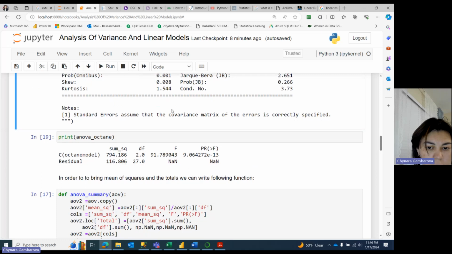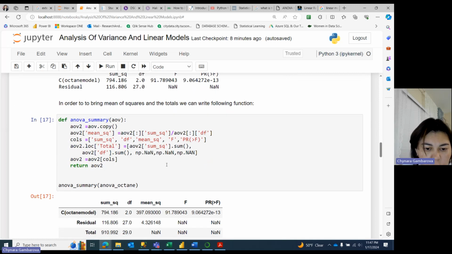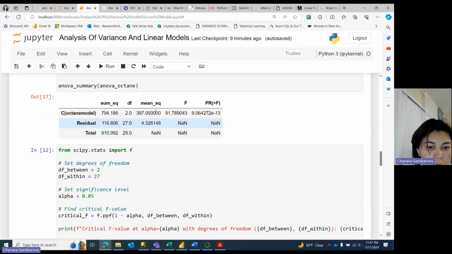And here we can look at further details. So what is the F level? We don't see the mean of squares. So here we are bringing the mean of squares and total, and then we can interpret the result. So here we can see our result.